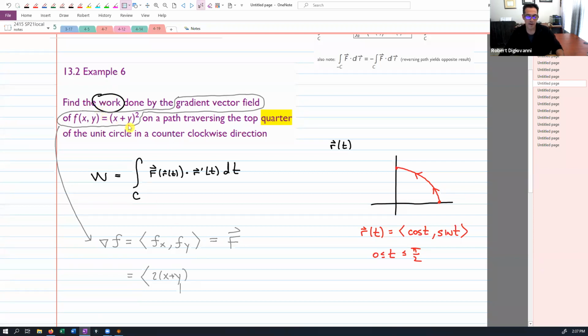Isn't that the derivative of that with respect to x? Bring the 2 down, this to the first power, derivative of the inside with respect to x is 1. What's the partial of f with respect to y? Same thing.